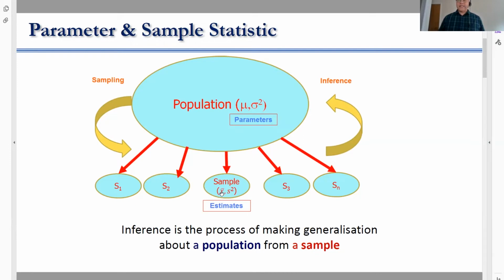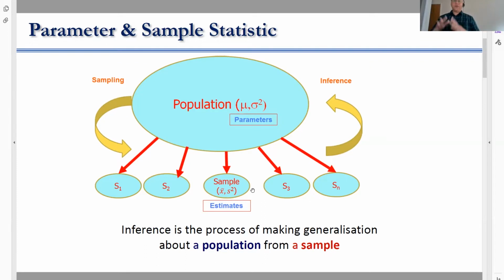We use this X bar, a sample estimate, to infer about the population parameter. The population mean, the mean body weight in the population, is generally represented by the Greek letter mu. So our objective is to use X bar to infer about mu.